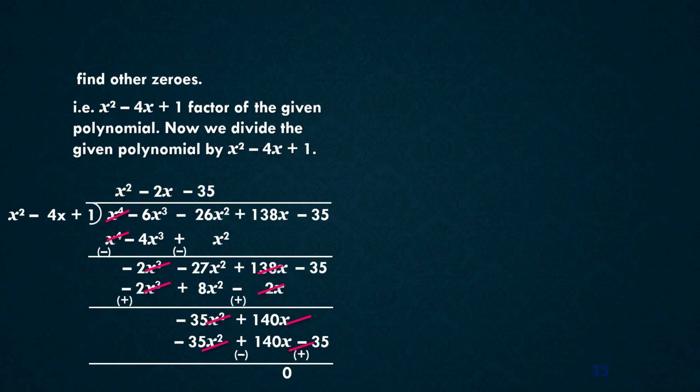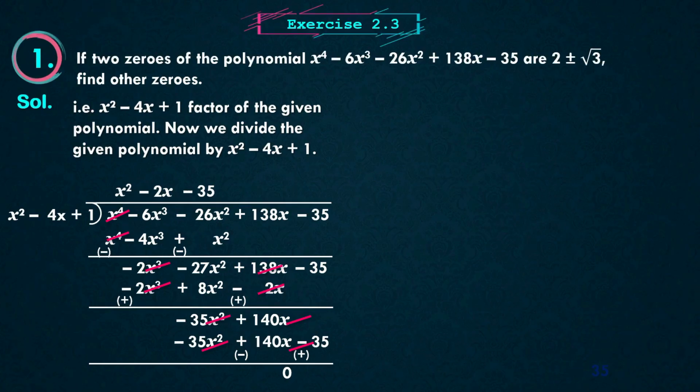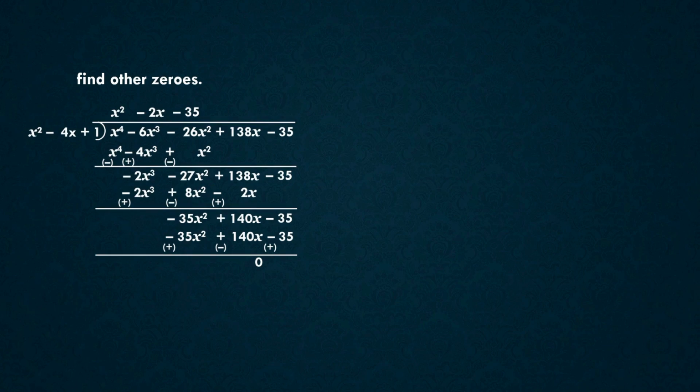Now we can find the remaining zeros by solving the quadratic equation x square minus 2x minus 35 equals 0. We will find these zeros in the next step. From the division, we obtain the quotient as x square minus 2x minus 35 and the remainder is 0.